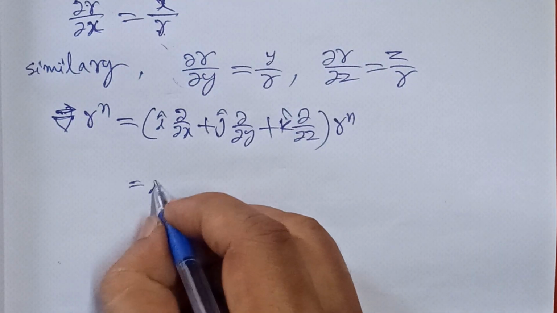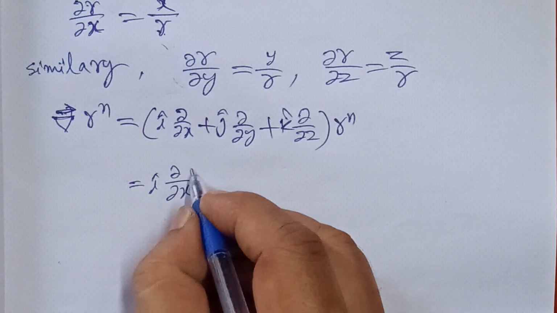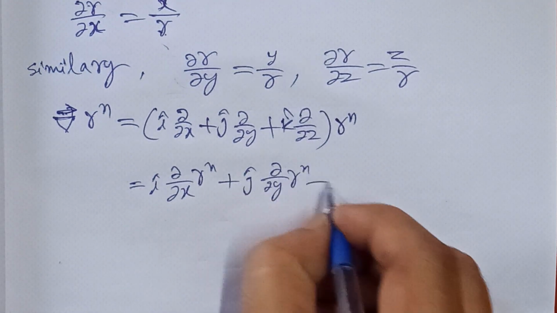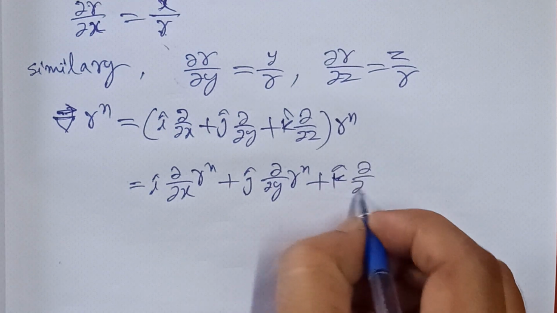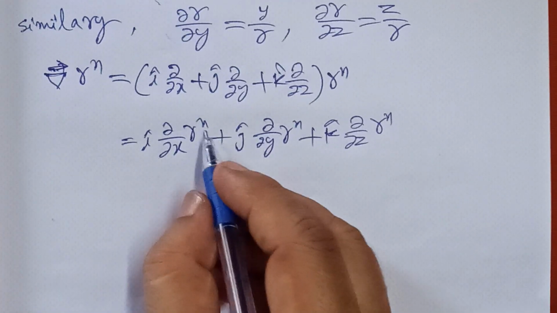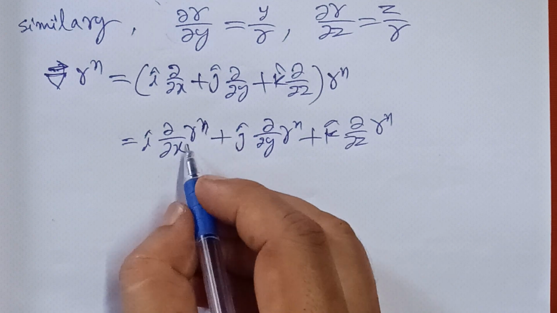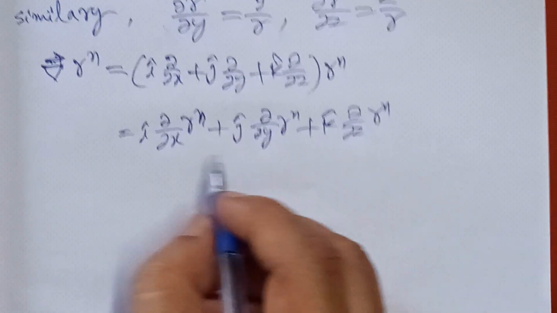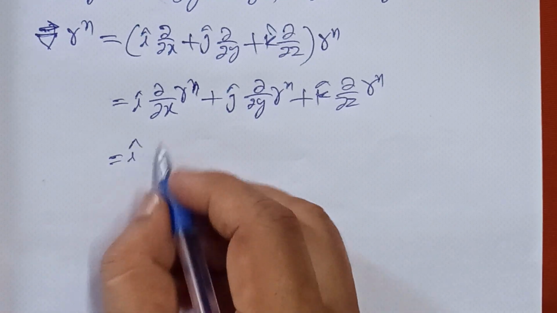Then it becomes i cap del over del x r to the power n plus j cap del over del y r to the power n plus k cap del over del z r to the power n. Now we have to differentiate r to the power n with respect to x, y and z partially.